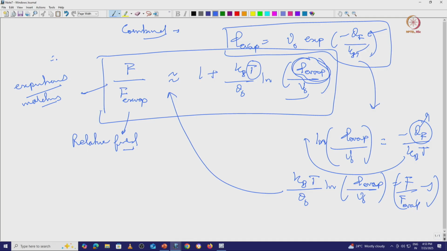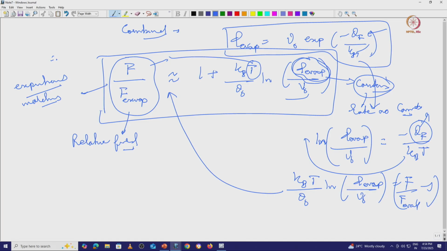If you want to keep this evaporation rate constant, you have two variables, the relative field and the temperature. These two terms you can vary experimentally such that you get the field evaporation rate as constant.